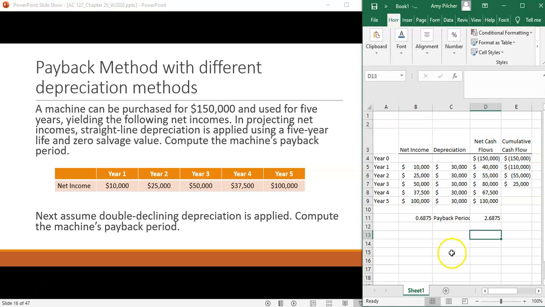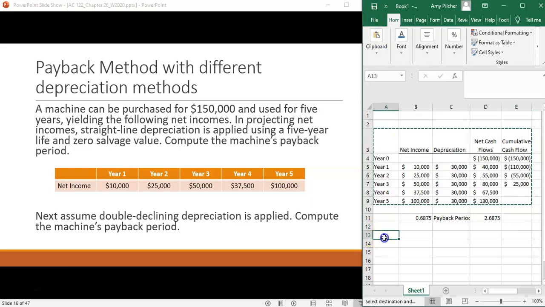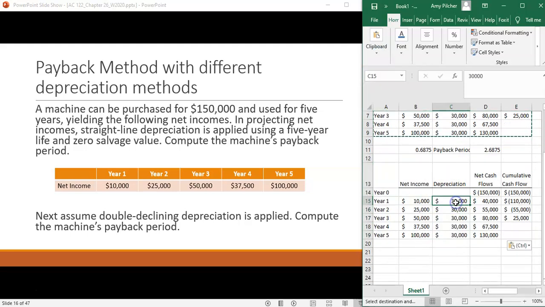Okay. Then we're going to look at it using the double declining depreciation. So we're going to take the same information, and I'm just going to copy it lower, and we're going to change the depreciation amount.